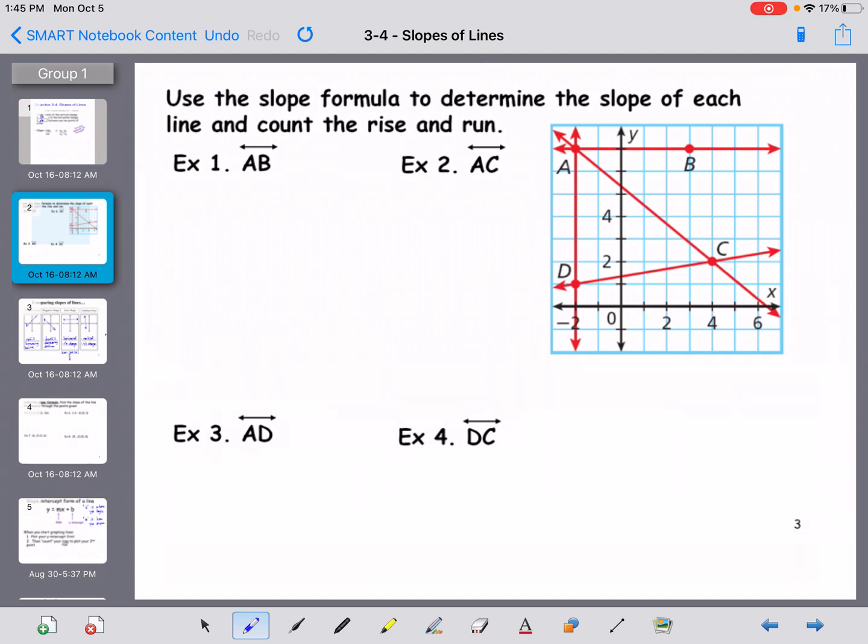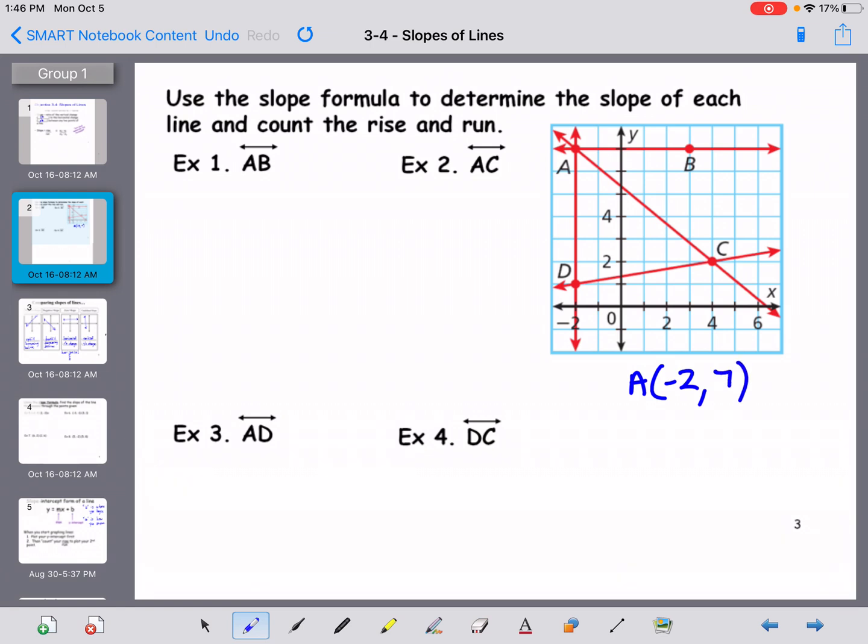We're going to use the slope formula to determine the slope of each line and count the rise and run. So I'm going to do the first two examples by using the formula. Well, actually, I'm going to do all 4 of these using the formula. So the first thing I'm going to do is make a little list over here of what my points are. So A looks like it is -2, 7.